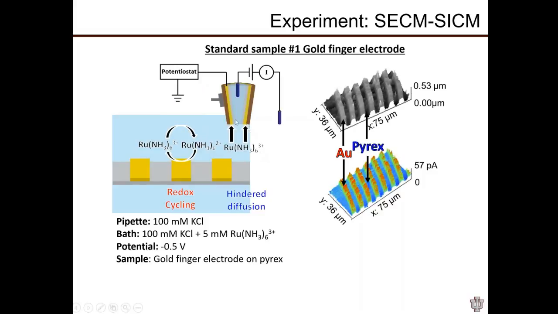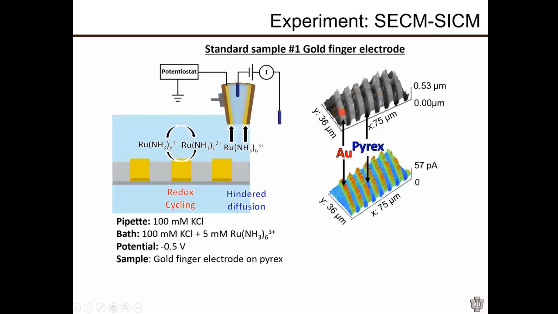If we then move the tip over an insulating portion, the ruthenium hexamine doesn't get regenerated here at the tip. So we end up measuring very low currents due to the electrochemical processes of ruthenium hexamine. And you can see this in the images shown on the right. The top image is a topography image that's recorded by SICM.